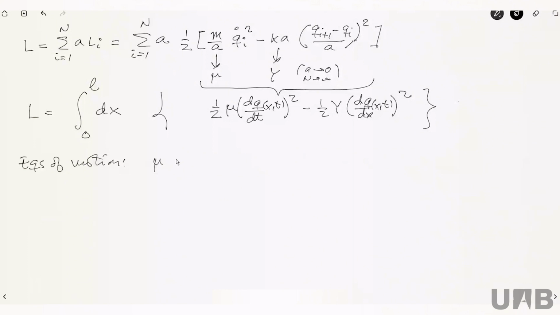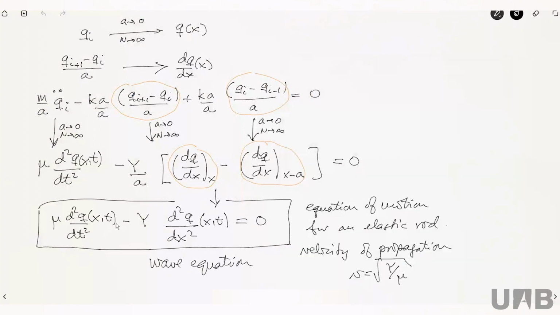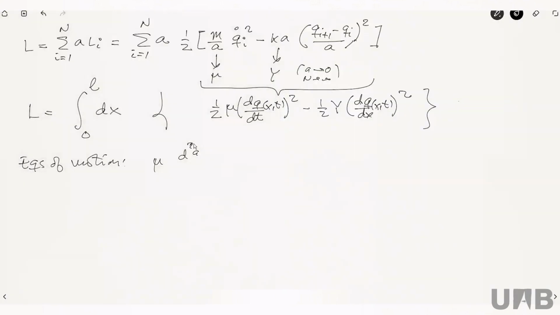Remember, the equations of motion were mu d squared q. And actually, at this level, since now q depends on x and t, the normal notation is not to talk about full derivatives, but partial derivatives, right? So that's what I'm going to do now.